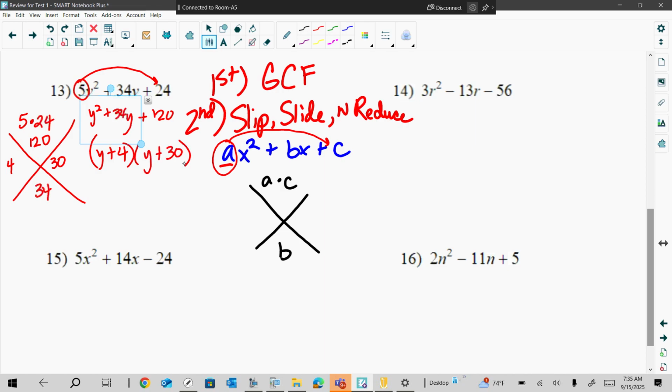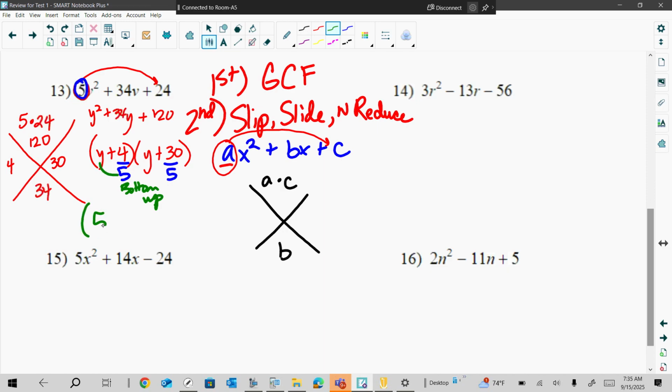But we have to slide this coefficient of 5 under and reduce. And this is one of the mistakes I saw on some of the homeworks or the worksheets you did. I'm going to pass those back to y'all. We need to reduce if it can reduce. If it cannot be reduced, this bottom number needs to go up to the front.